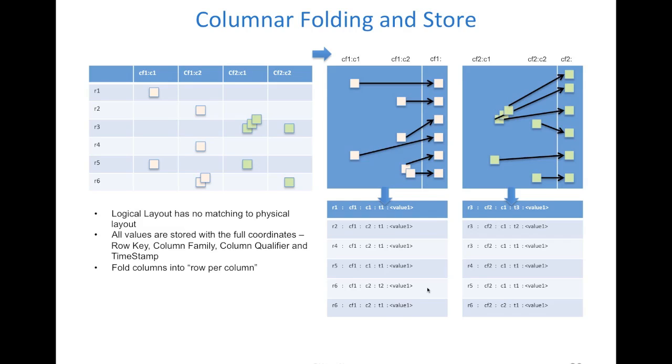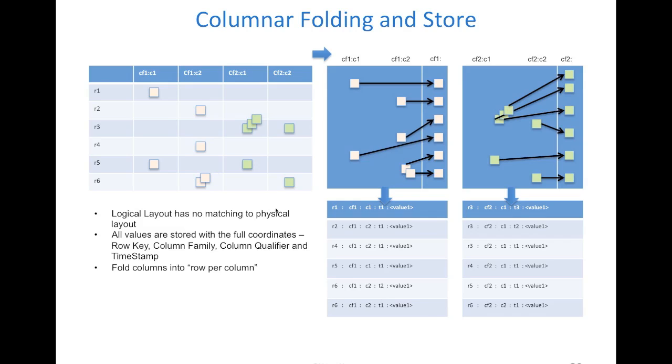But if you look at it closely, the way the folding is happening is that all the column families of C1 and C2 are becoming part of one column family file system, and then the second one is going there, and once it gets persisted into those H files, each of these values can identify themselves.